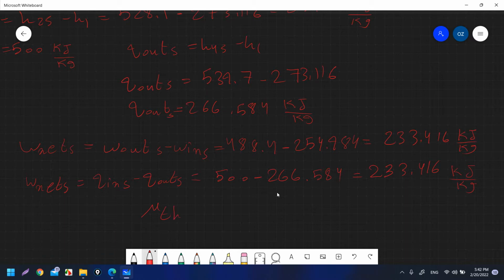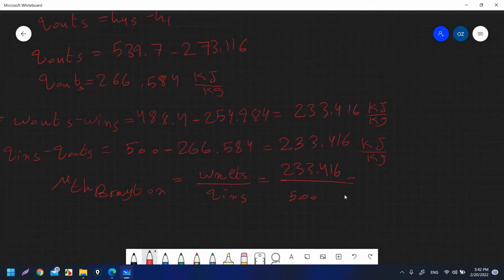For the thermal efficiency of Brayton cycle, you can only use this equation, that W net S over Q in S is equal to 233.416 over Q in S, which is equal to 500. So the thermal efficiency will equal 0.467 or 46.7%.